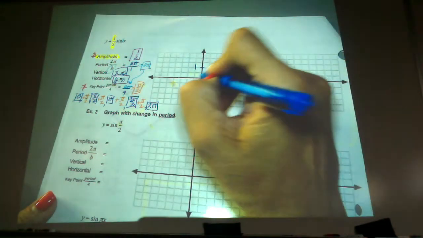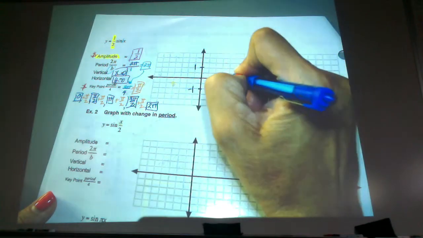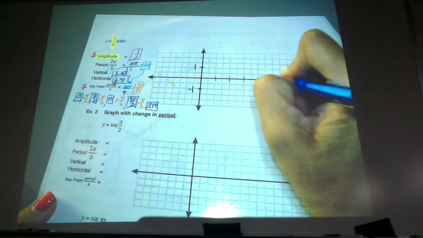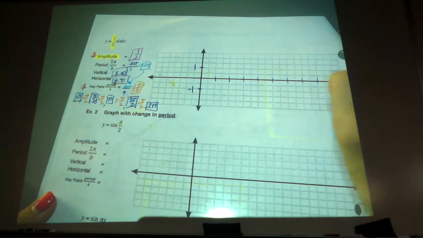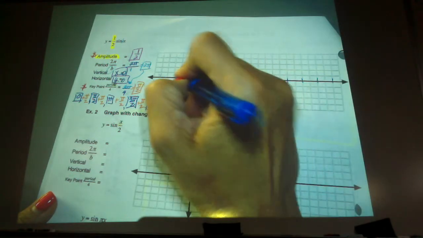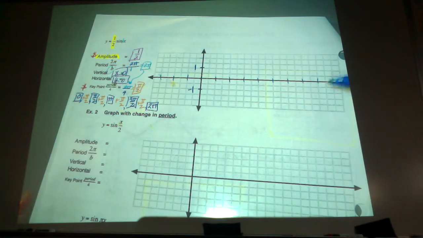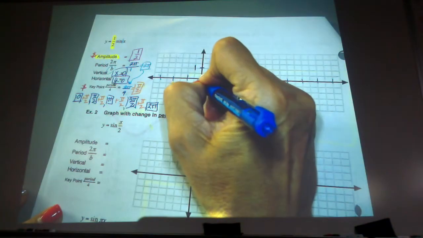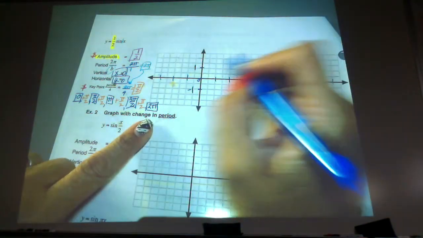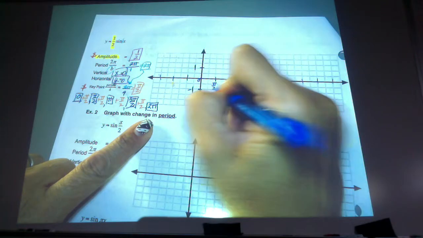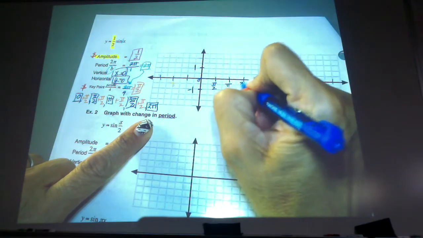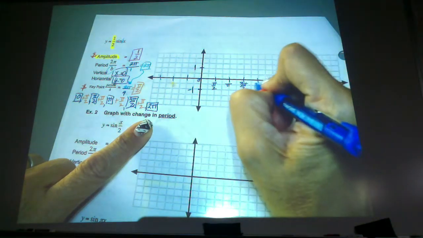And then again, I'm going to partition this into every other grid line for my key points, because I want room to write my key points in. Plus, the fewer grid lines I have, the fewer periods I have to graph. So then I want to label one full period of key points. So this is 0, pi over 2, pi, 3 pi over 2, 2 pi.